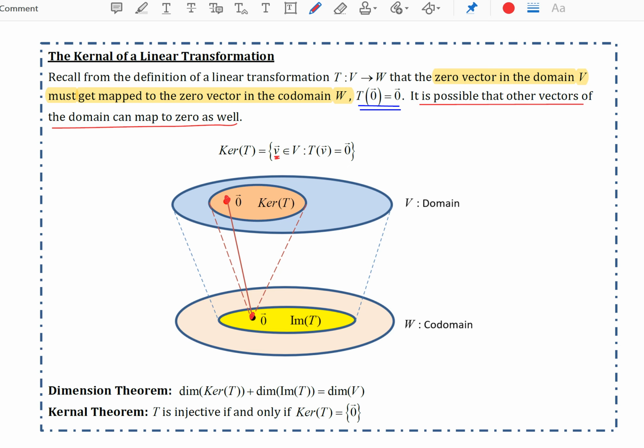But the kernel is all of the vectors in our domain that could also get mapped to 0. There could be more than one. To tie this into previous ideas, this is the same thing as calling them the homogeneous solutions of a problem. It's all the things where the solution is equal to 0.